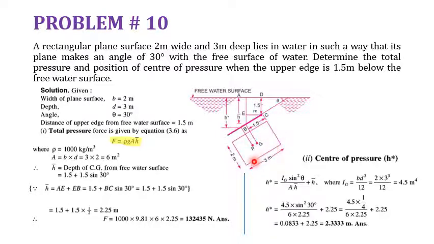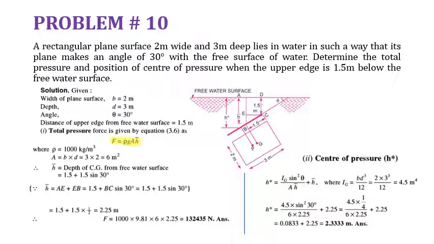Because this dimension is 3 meter, so the distance parallel to this will be 1.5 meter. So we have this inclined dimension 1.5, and we need to find out this vertical, and the inclination is 30°.